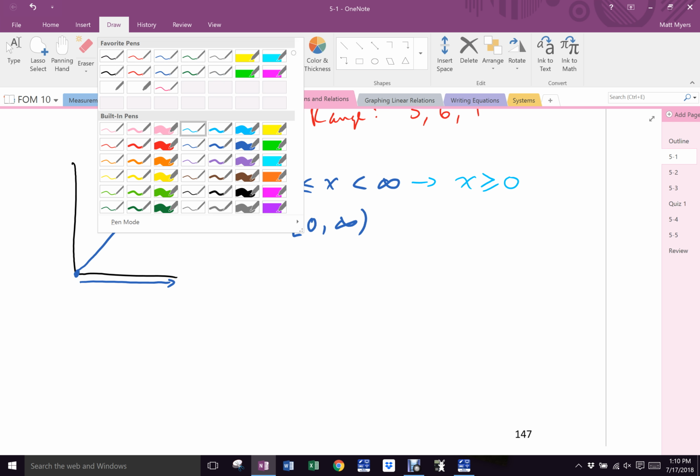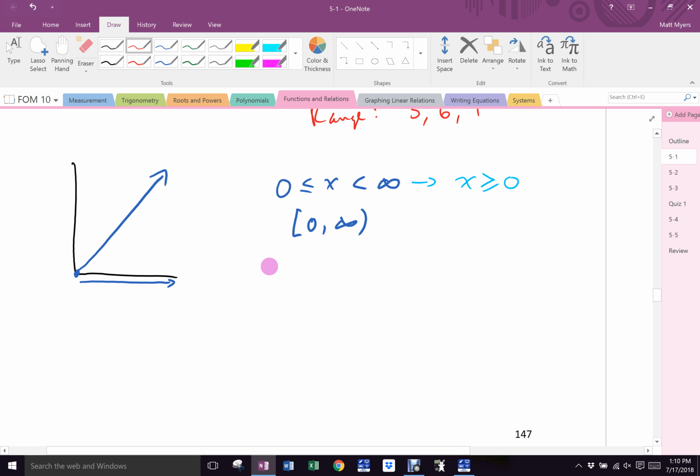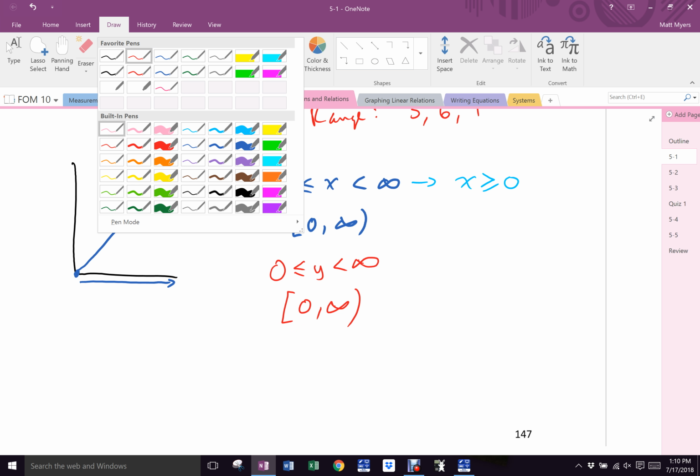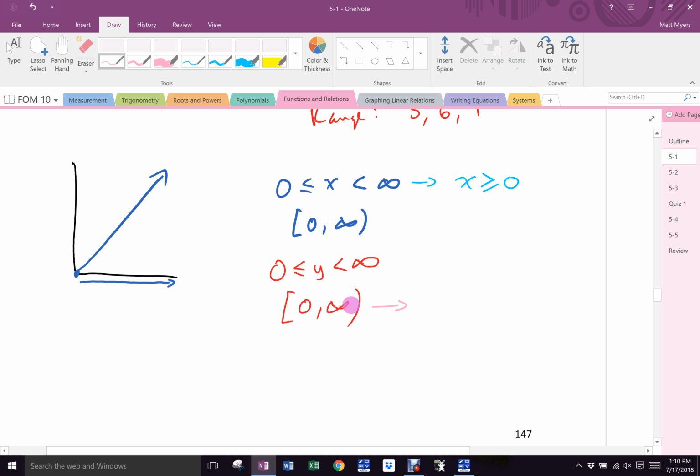Okay, what is my range value? Where does it start? 0, less than or equal to y, which is less than infinity, right? And then I would do 0, infinity for range, correct? But I'll keep using a shade of red. I'll go to pink. What would this be as a math guy writing it?